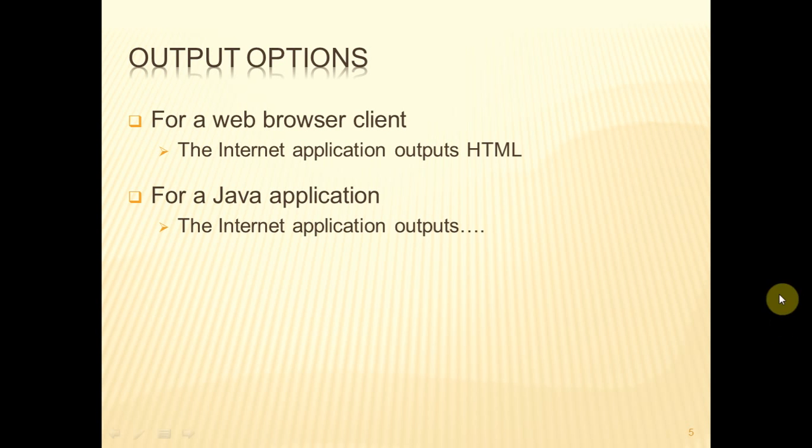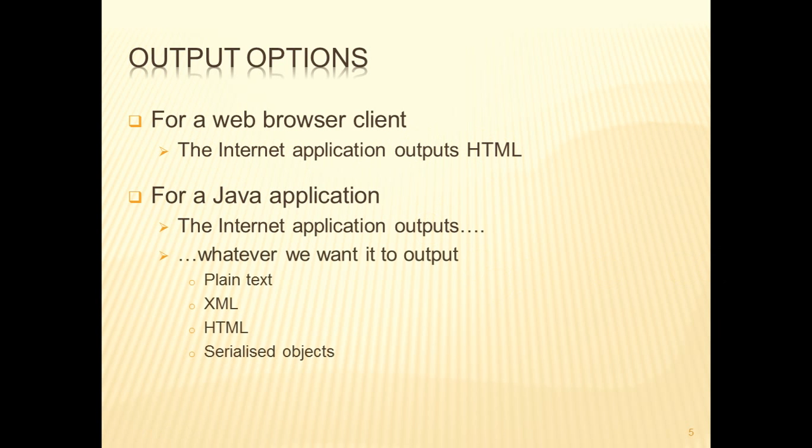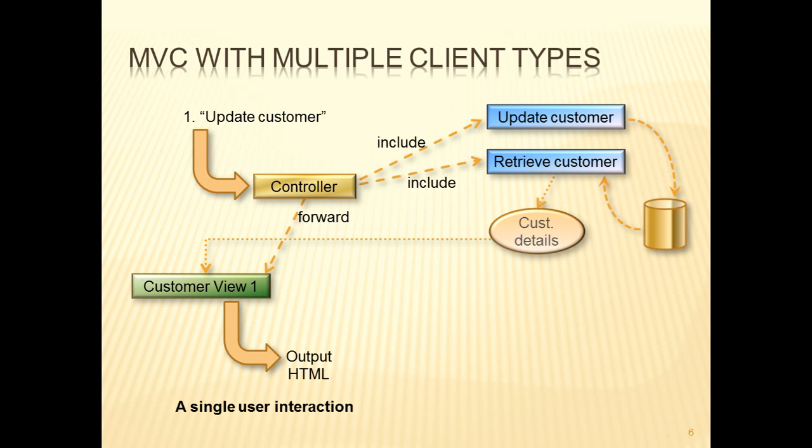For a web browser client, obviously we're going to need to output HTML, but for some other kind of client, the internet application could output, well, whatever we want it to. Plain text, XML, HTML, serialized objects, whatever you want. And that really is going to depend upon the client. So that now brings up an interesting scenario. How does our internet application deal with that?